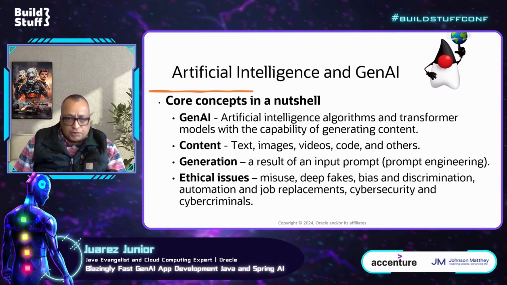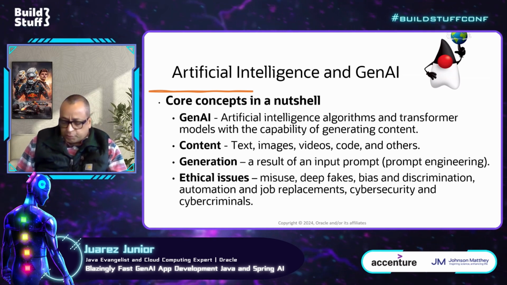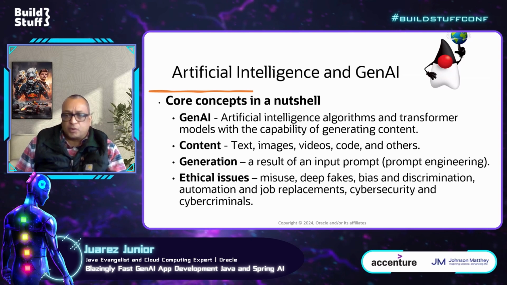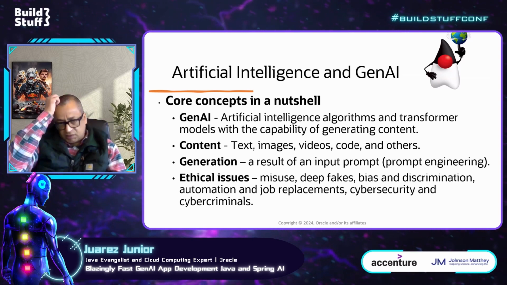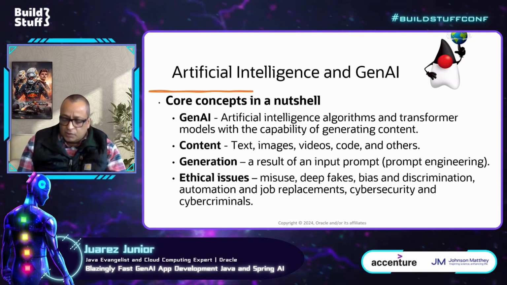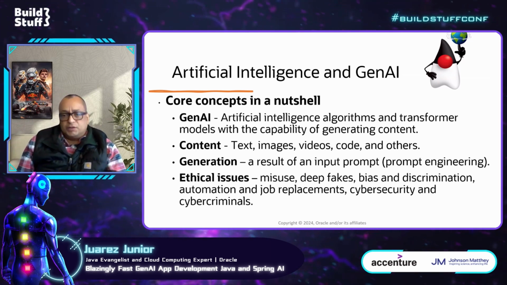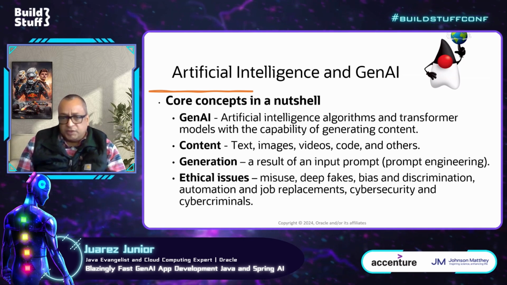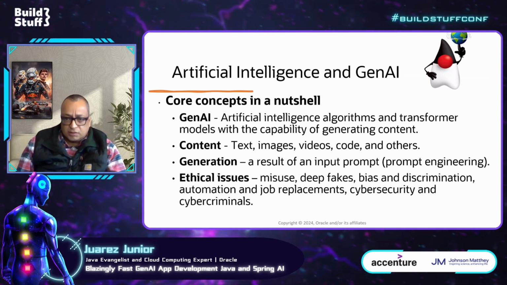The generation is usually a result of an input prompt, an interaction, and there's an entire area called prompt engineering now, with some best practices regarding the way that you may need to interact with a target model and how to extract meaningful responses from that interaction.